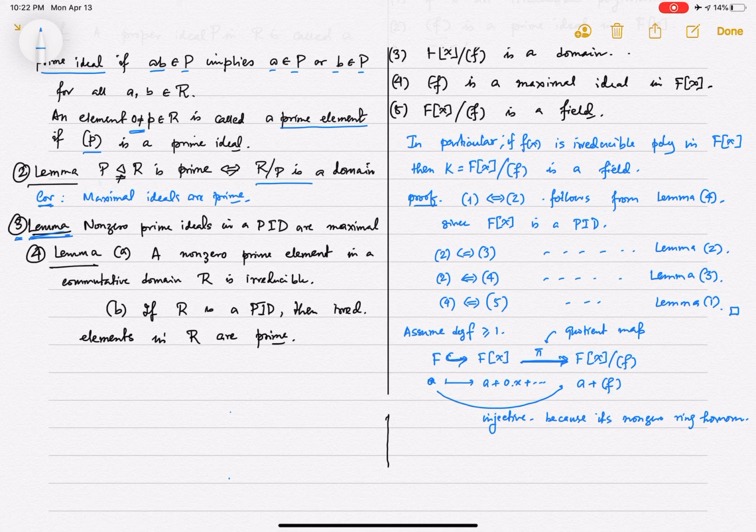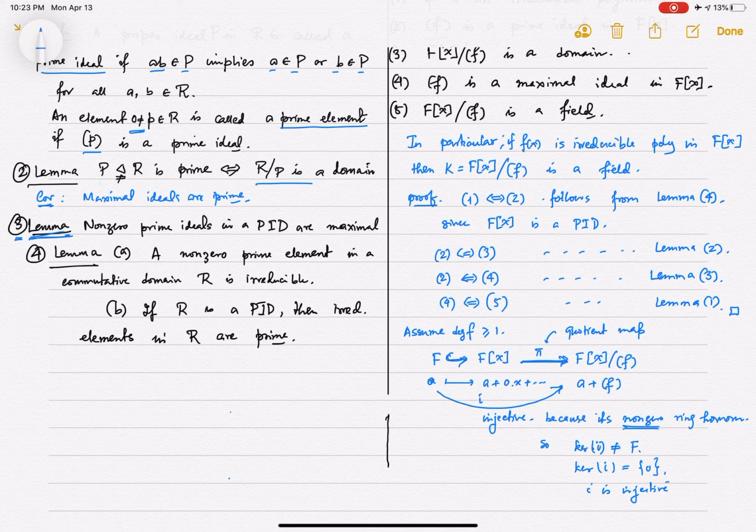Because whenever you have a non-zero ring homomorphism, the kernel is an ideal, but the only ideals in a field are the zero ideal and the whole field. So if it's a non-zero map, the kernel of this map, let's call this map i, is not the whole thing. So the kernel has to be just 0, which means i is injective.